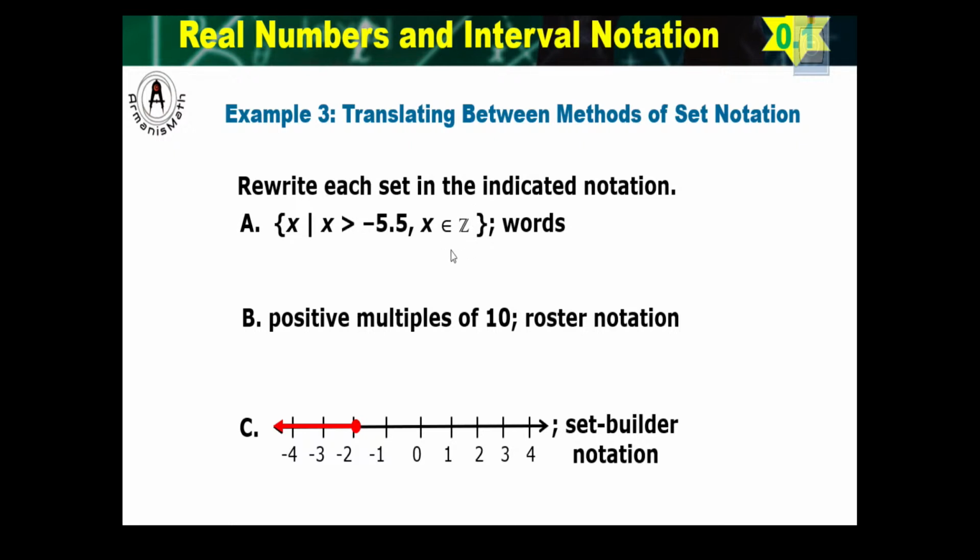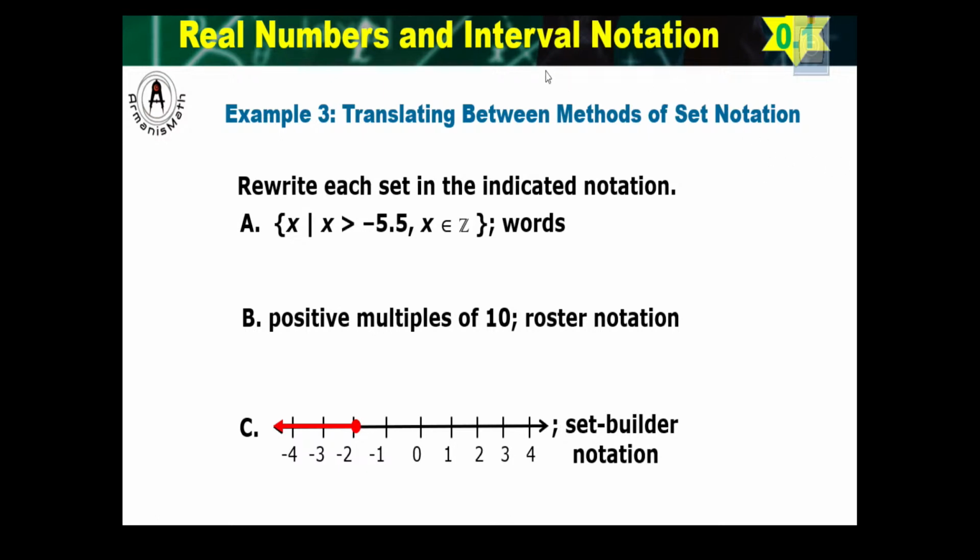Does anybody remember what the Z is? What kind of numbers fall into the Z set of numbers? Come on, champions. Yes, it's integers.